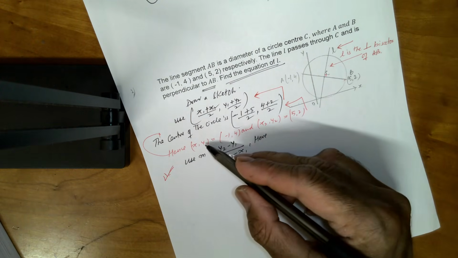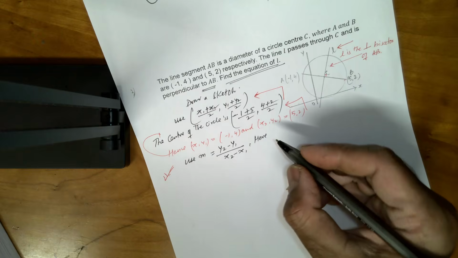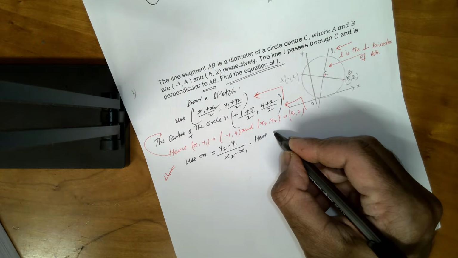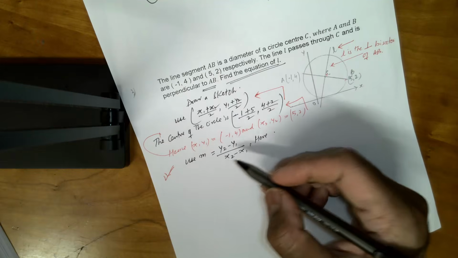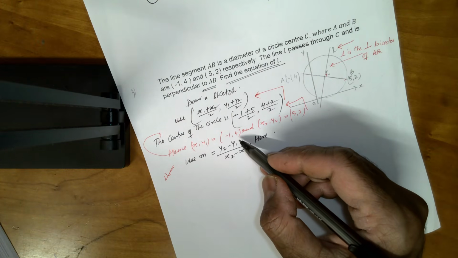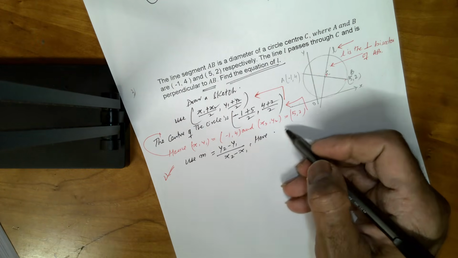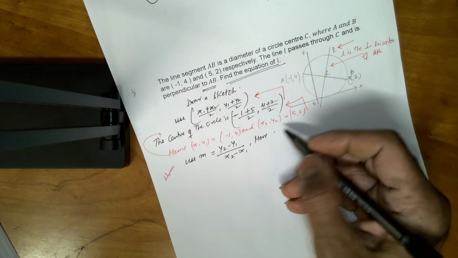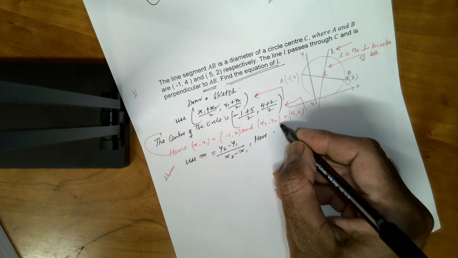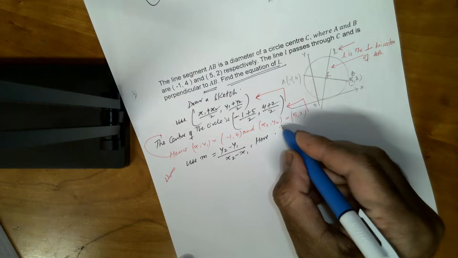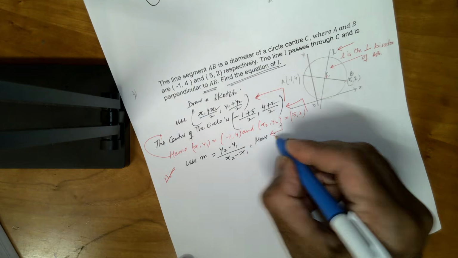Because we got this from here, we can write down again x1 and y1 is equal to -1 and 4, and again your x2 and y2 is 5 and 2. So from taking this, just insert in this formula as well.